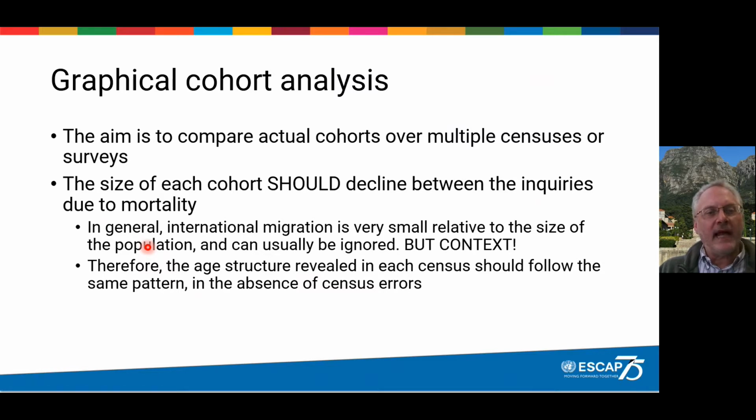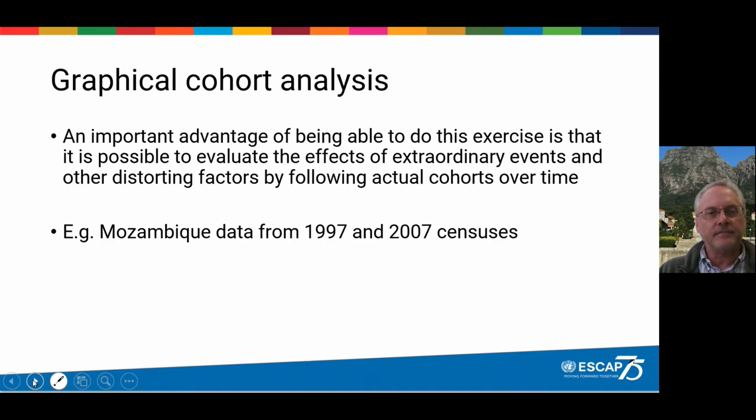But where we can analyze those data and not have to worry about the impact of international migration on the size of any given cohort, the age structure revealed in each census or each survey should follow the same pattern in the absence of errors in those data.